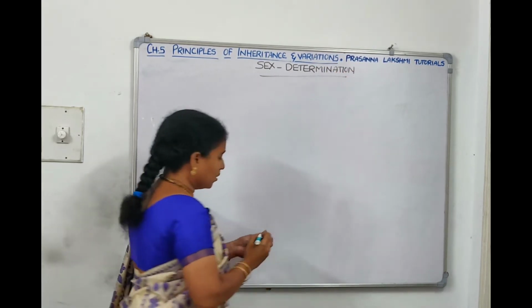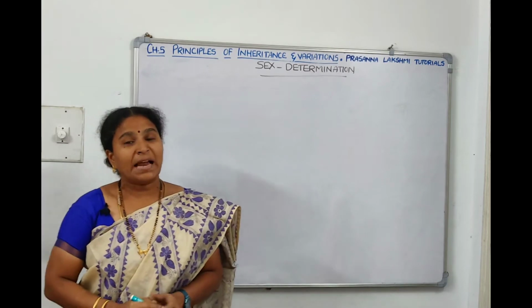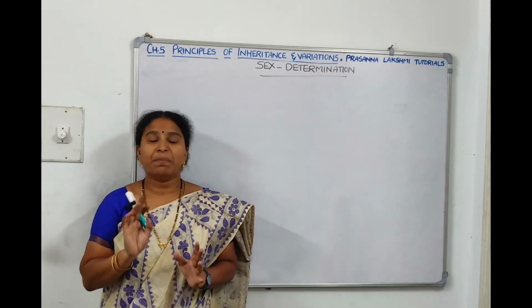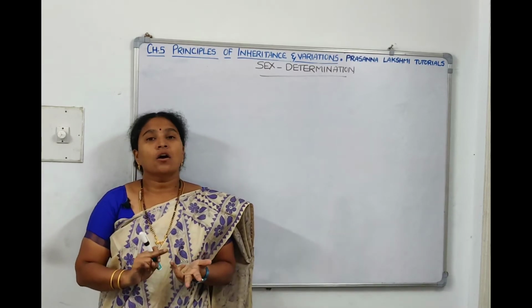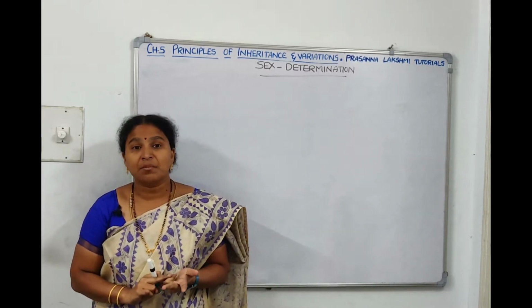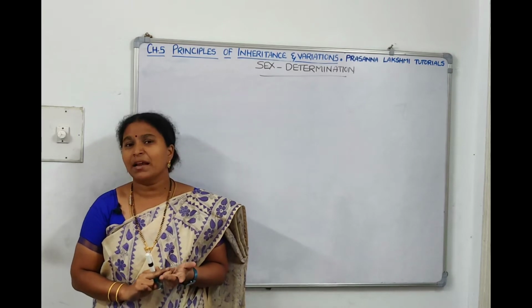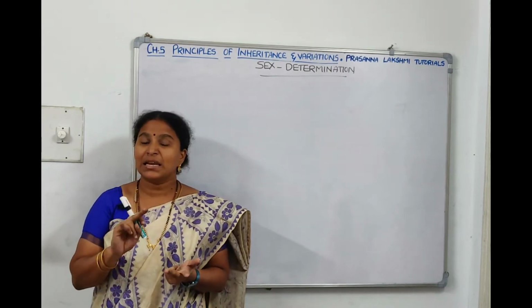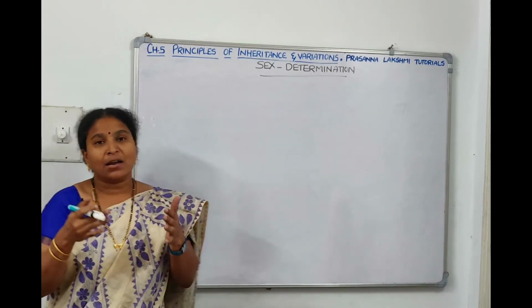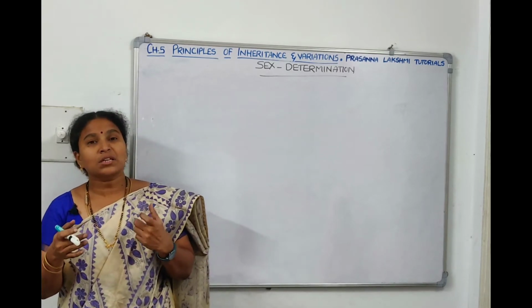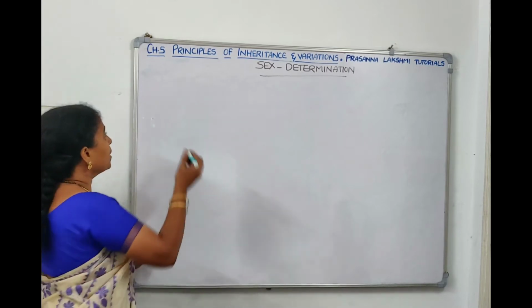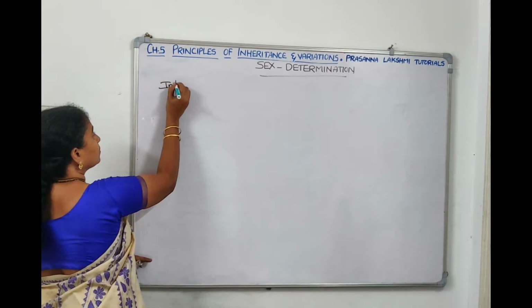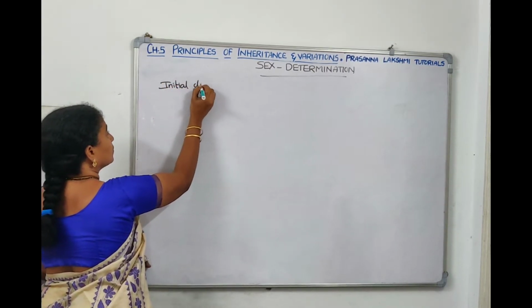The NCERT author states that the mechanism of sex determination has always been a puzzle before genetics. The initial clues of genetic or chromosomal mechanisms of sex determination can be traced to the experiments carried out by scientists in insects. So we have narrowed our search on what is responsible for sex determination: it's a genetic or chromosomal mechanism.